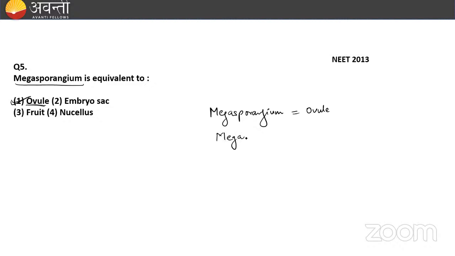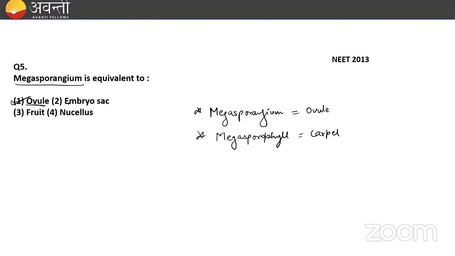And megasporophyll is equivalent to carpel. Remember these two terms, very, very important. Megasporangium is not equivalent to embryo sac. Okay? Embryo sac is formed when in the ovule there's a nucellus and one cell of the nucellus gets differentiated and forms a megaspore mother cell.